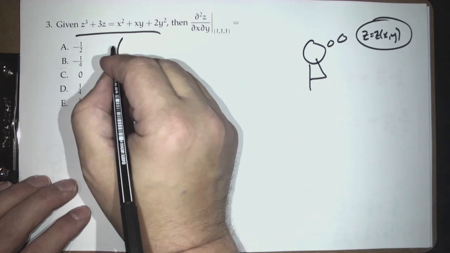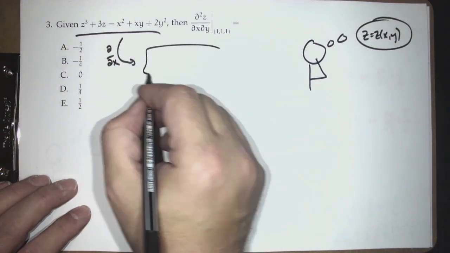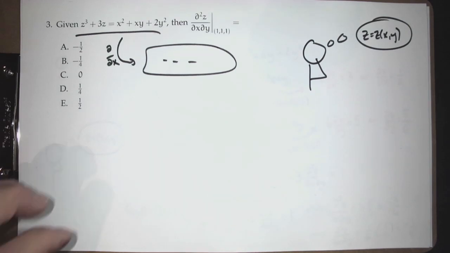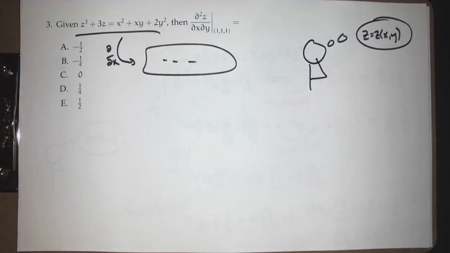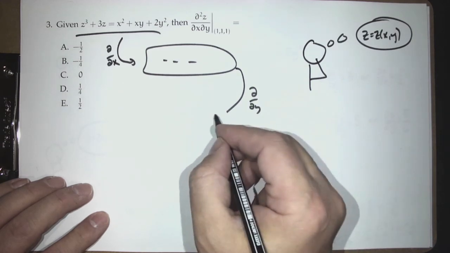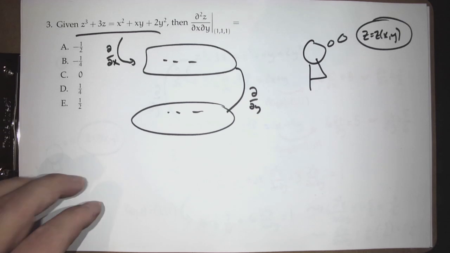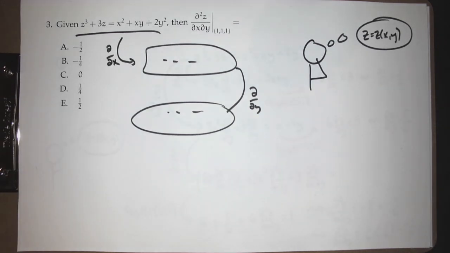Yeah, we'll take the derivative with respect to x. And that'll be something, and we'll look at it in a second. And then what do we do after that? We'll take the derivative of that with respect to y. And then that'll be something, and then we can plug in. But here's where it gets fun. That sounds easy, but that turns out to be not enough.